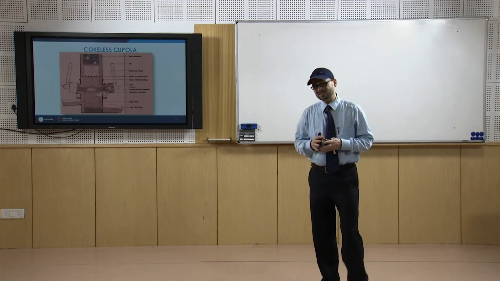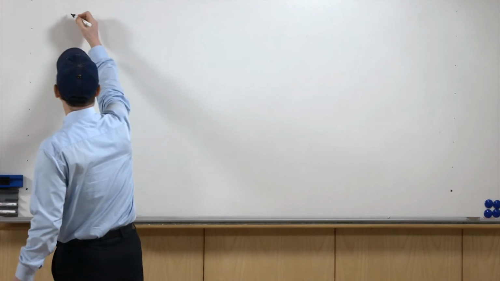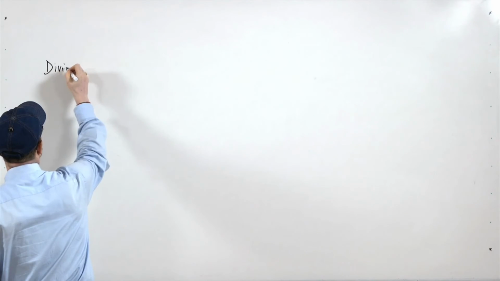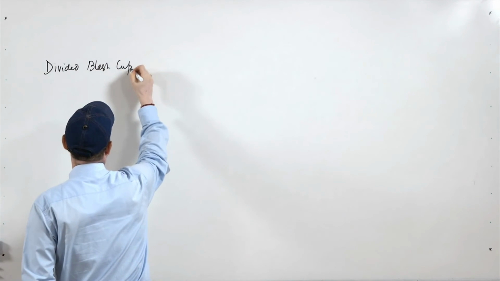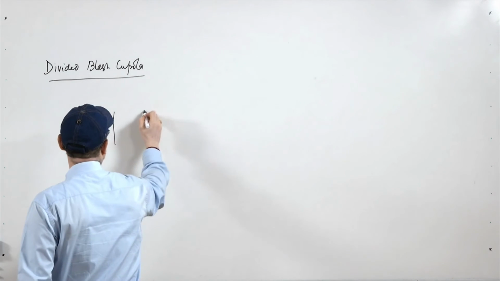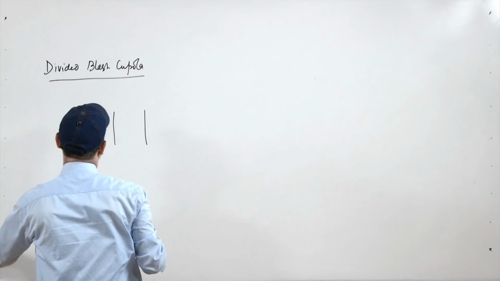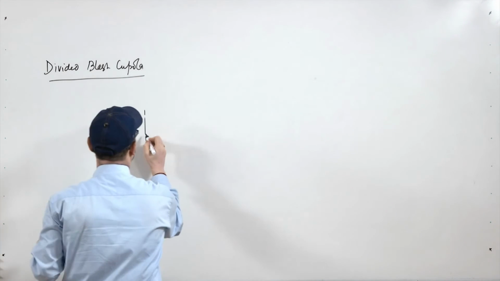There is another variety of cupola, known as the divided blast cupola. In the divided blast cupola, the tuyeres are at different levels.